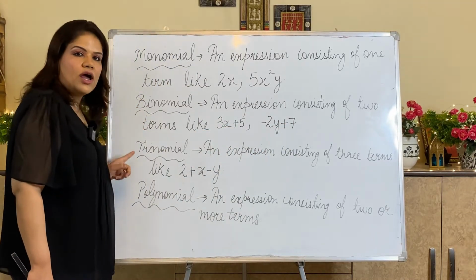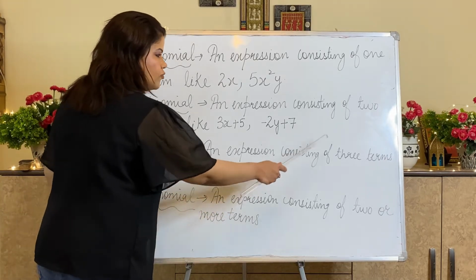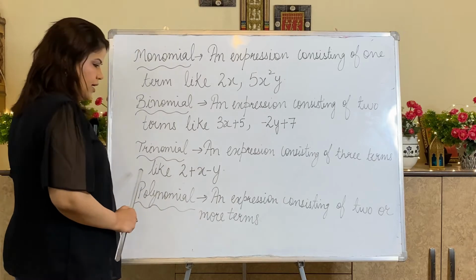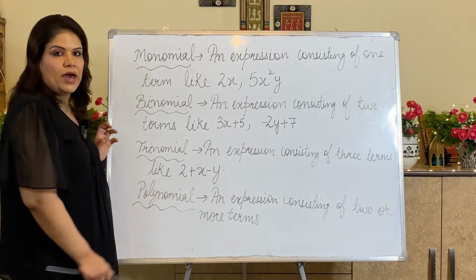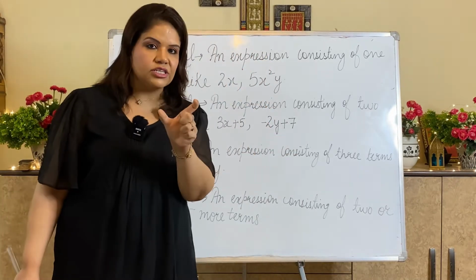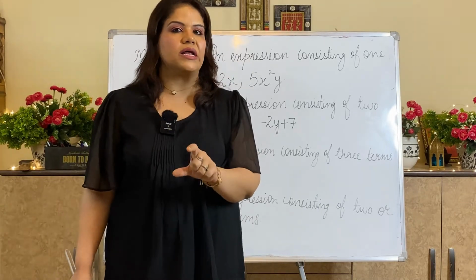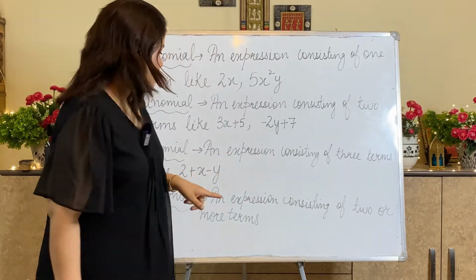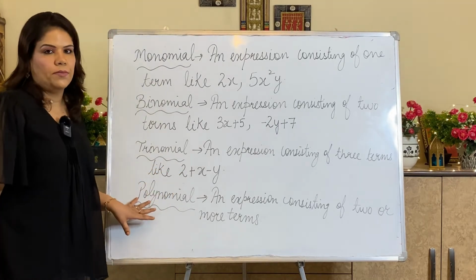Now I am taking trinomial. An expression consisting of three terms like 2 plus x minus y. They are three terms which are connected to each other using positive or minus sign. So that's why it is making a trinomial. Now what is polynomial?